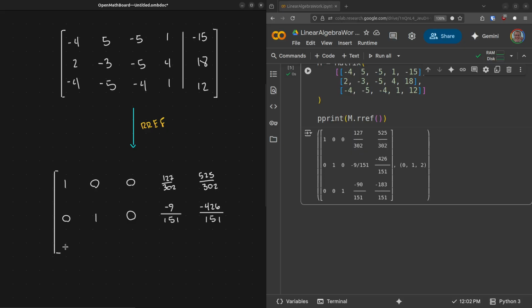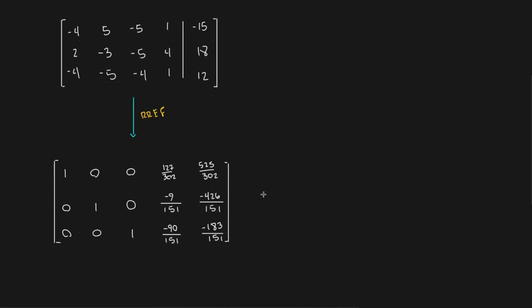And in the final row, we have 0, 0, 1, negative 90 over 151, negative 183 over 151. Okay, we can go ahead and expand this now so we have room to work here. This last column is our augmented part.